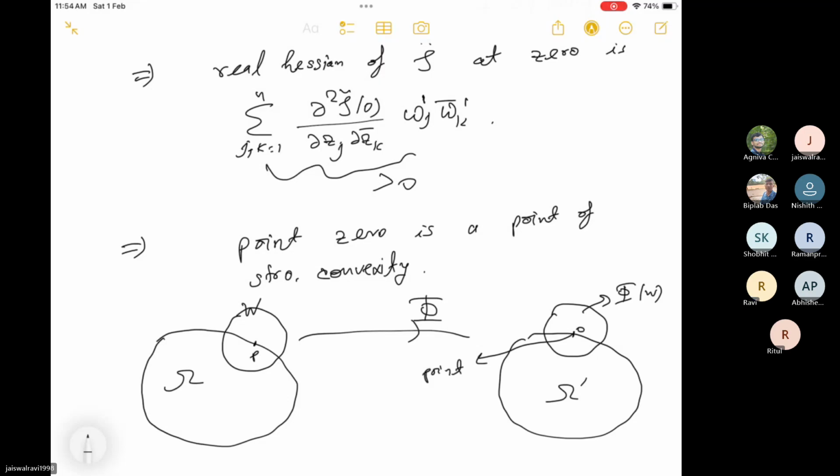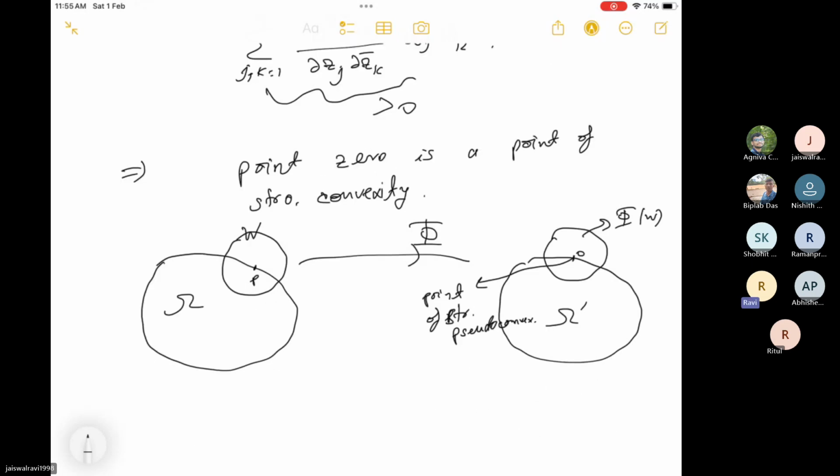But you can check that strongly pseudoconvexity is an open condition. Open condition means if the point zero is a point of strongly pseudoconvexity, then you can find a small neighborhood near zero, say V, such that all the points here are strongly pseudoconvex.